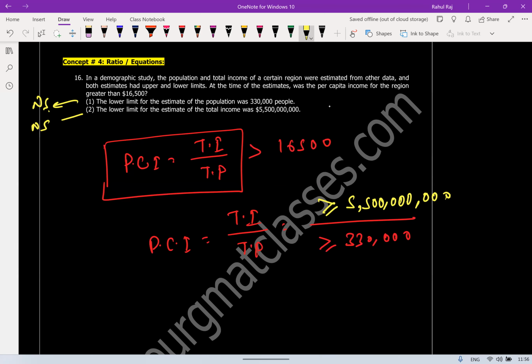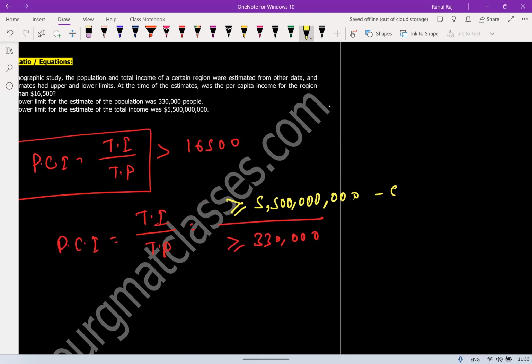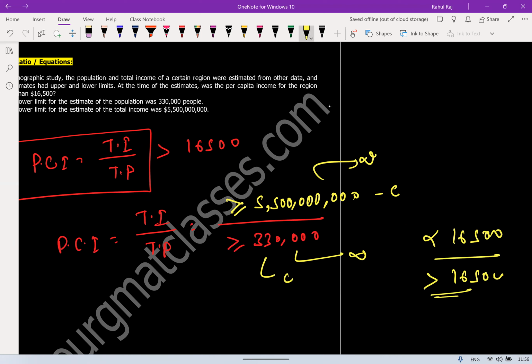But even if you combine them, how is it sufficient? Imagine you keep this constant and increase this to infinity and divide. Your ratio will be less than 16,500. If you increase this to infinity and keep this constant, the ratio will be more than 16,500. So in both the cases, you are getting this. Am I right? Diksha, is this clear?